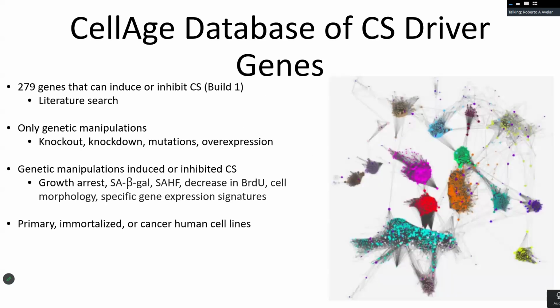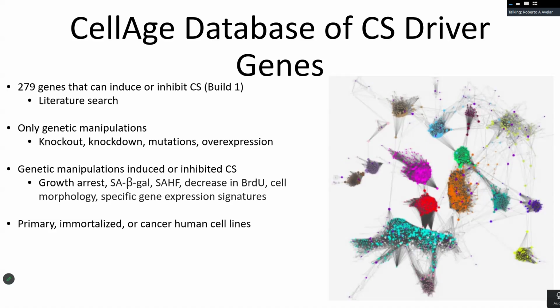So this is from my first study. We built a database of genes that can either induce or inhibit senescence in human cell lines based on genetic manipulations. We then did some network analysis to identify potentially important hub genes connecting these subnetworks, where if these genes become disrupted, the information flow in the entire network becomes disrupted.